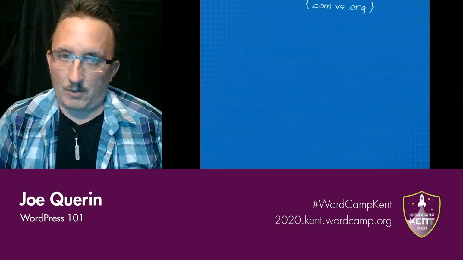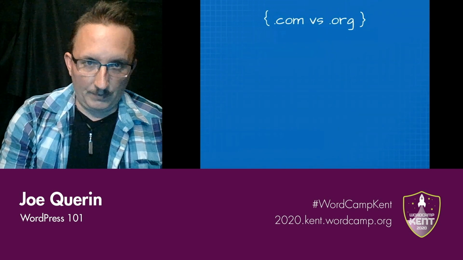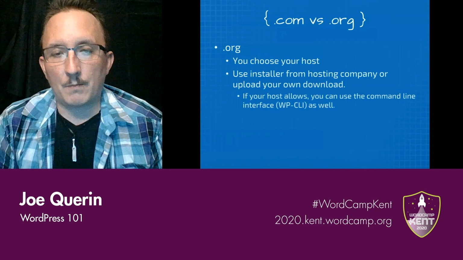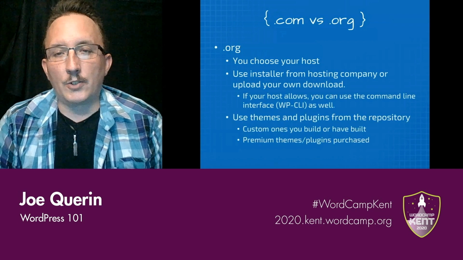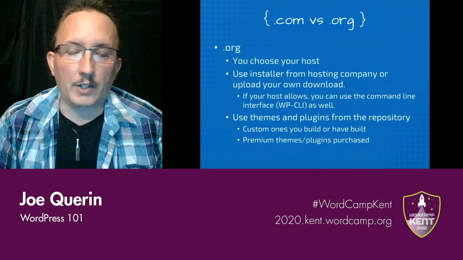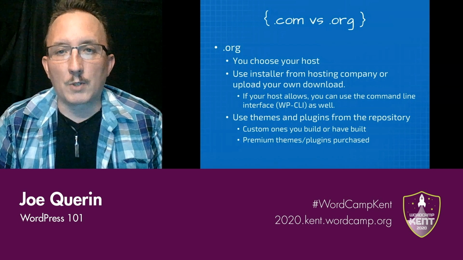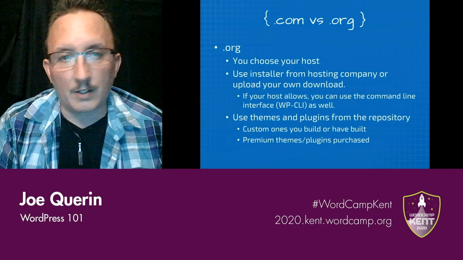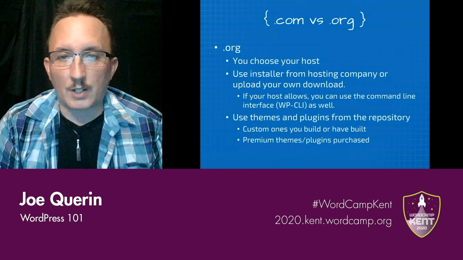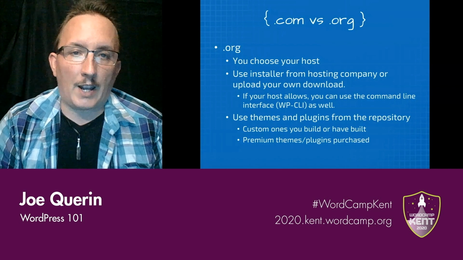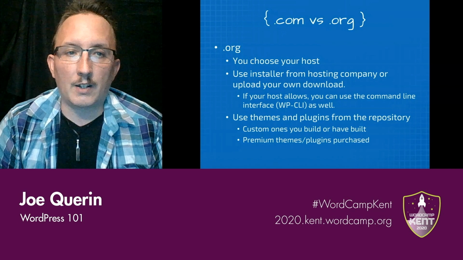Now, on the flip side of the coin, the .org version is the same as the .com, except now you're in complete control of everything. You have to choose your host. What I mean by host is that your WordPress has to live somewhere on the internet, so you have to choose the hosting company that will host your site.